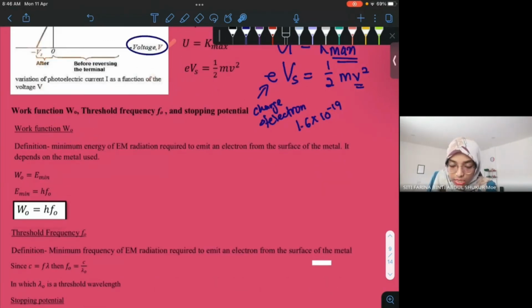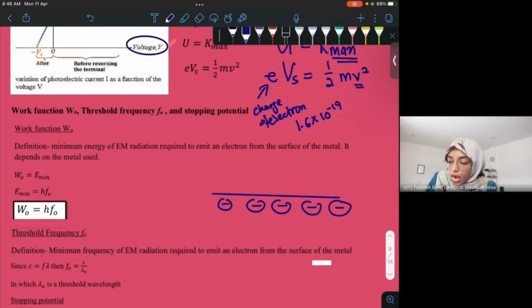Work function is defined as the minimum energy of EM radiation required to emit an electron from the surface of the metal. So earlier we said we have a metal and you're going to have electrons here. All these electrons are being attracted to the metal surface. And the force that is holding the electron and the metal surface is an attractive force.